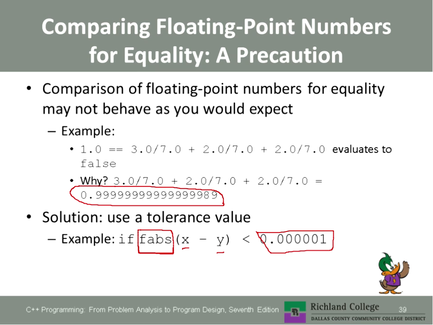So this way you don't have to figure out if x or y is larger. You just subtract the two from each other. It doesn't matter if the result is positive or negative. You're going to send it to this function, and this function will return the difference as a positive value. Now you can compare the positive difference to the tolerance.